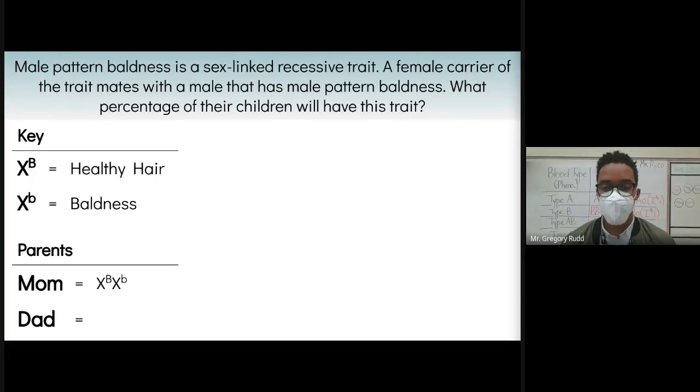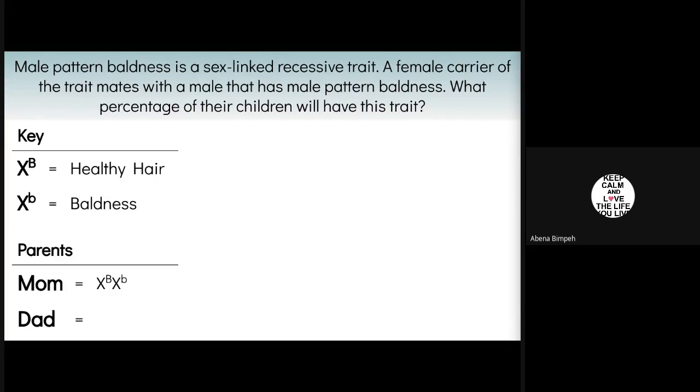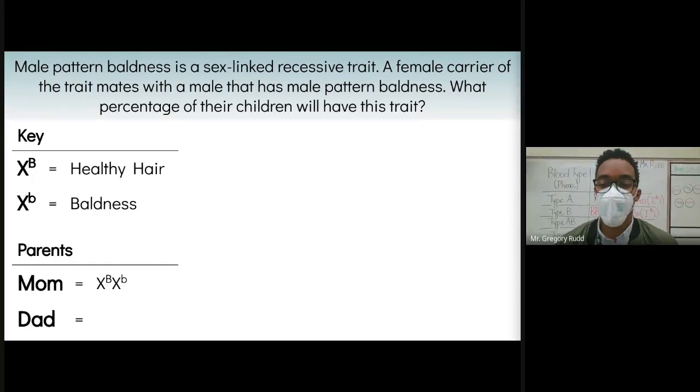Go ahead and say it, Abina. I was going to say the same thing Melissa said. Okay, X lowercase b, thank you both, and Y. So we've got to be careful. People born male only have one X chromosome. Because he has the baldness, that means that he only has that recessive allele. Okay, let's do the Punnett Square now.